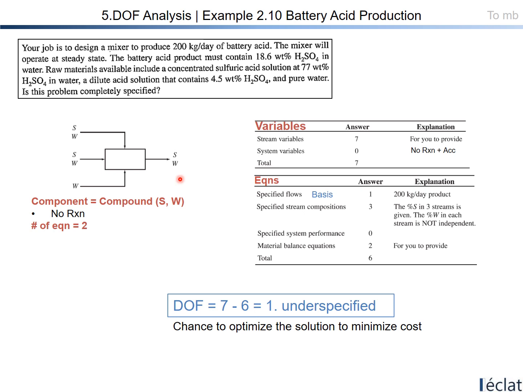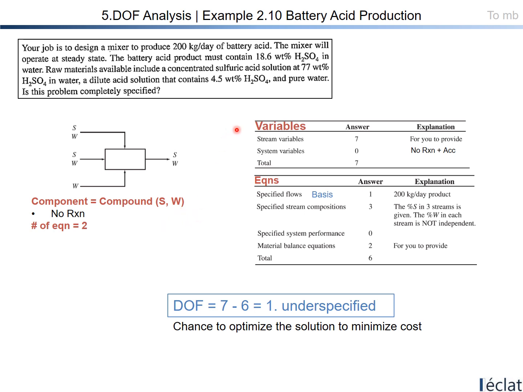So we have 2 components for material balance equation, sulfuric acid S and water W. There is no reaction. So the number of material balance equations would be 2 because we have 2 components for material balance equation.